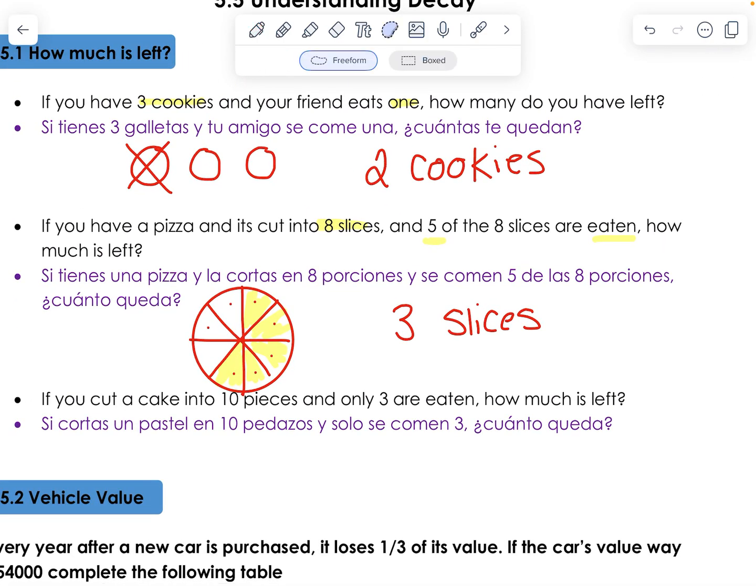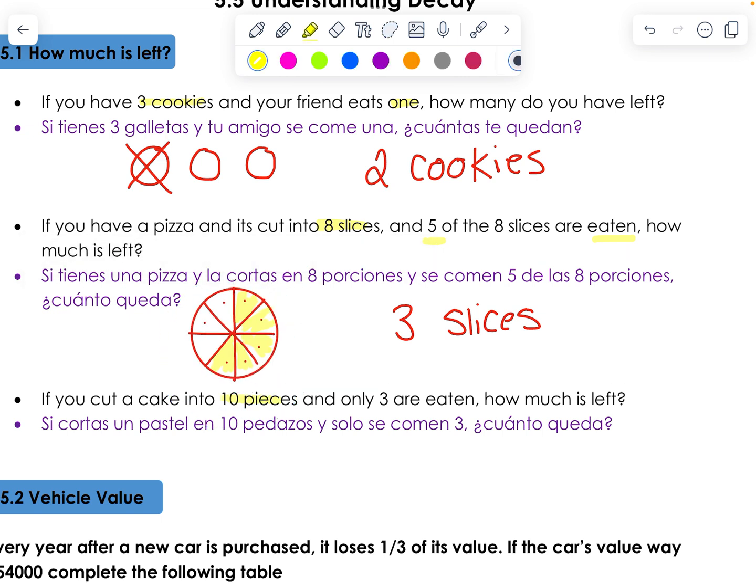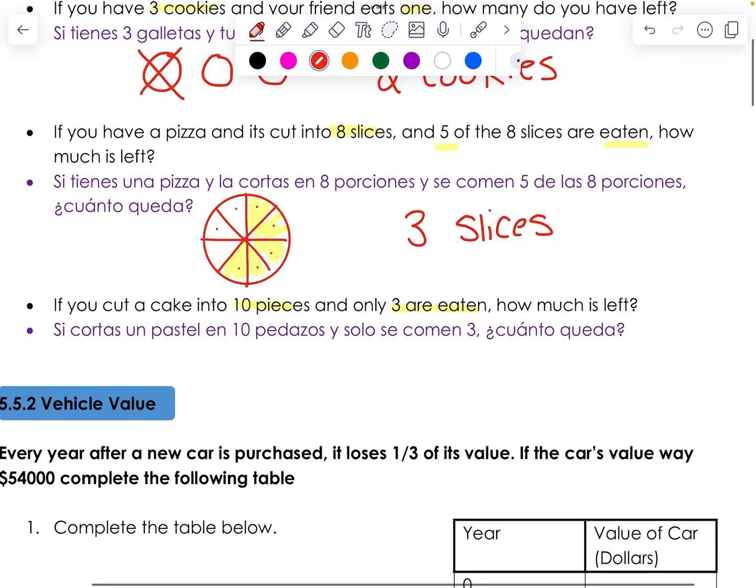So let's try the last one here. If you have a cake and it's cut into 10 pieces and only 3 are eaten, how much is left?